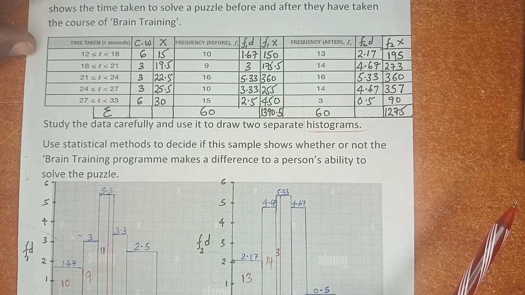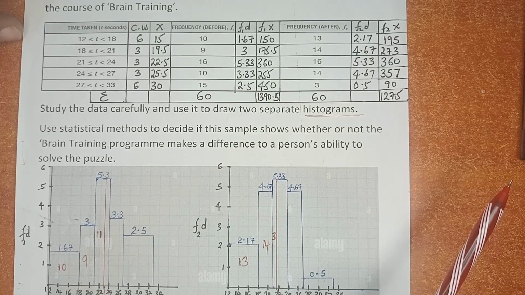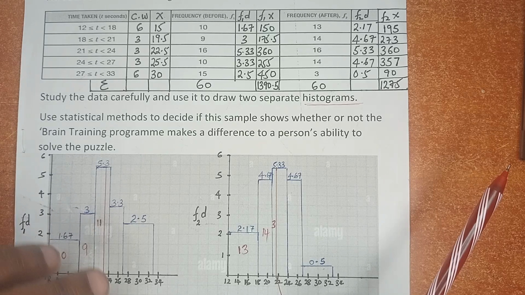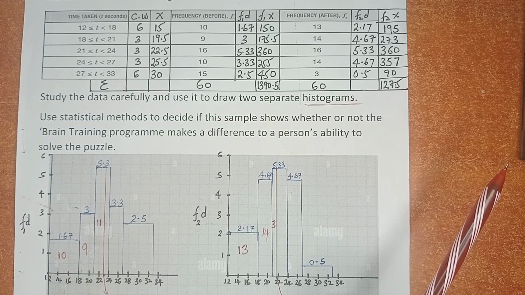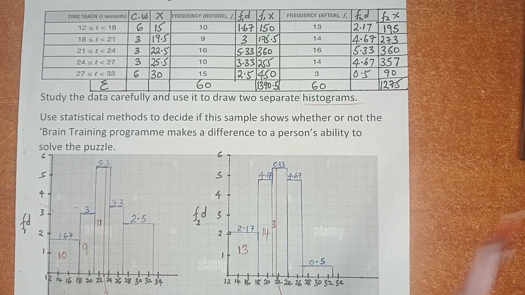The histograms are here. Before training, the histogram has frequency density on the y-axis and time on the x-axis.